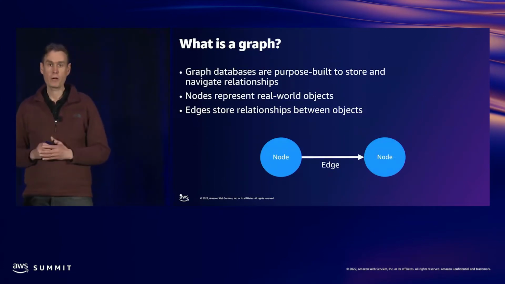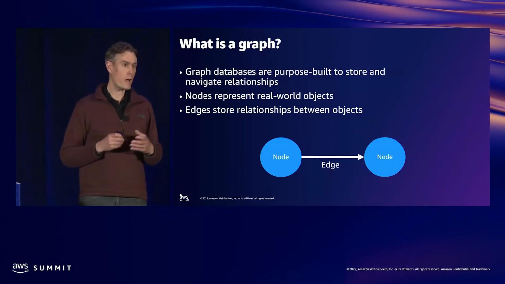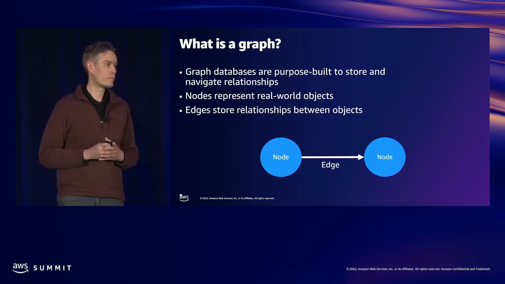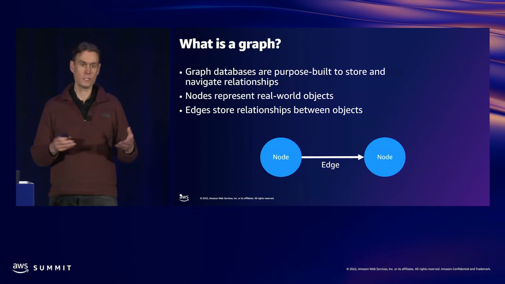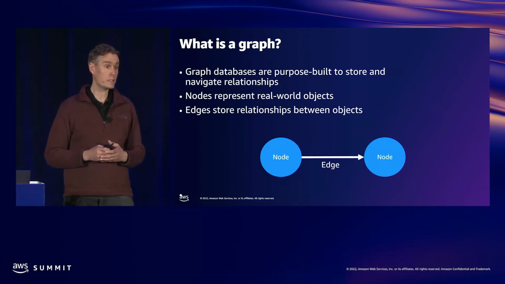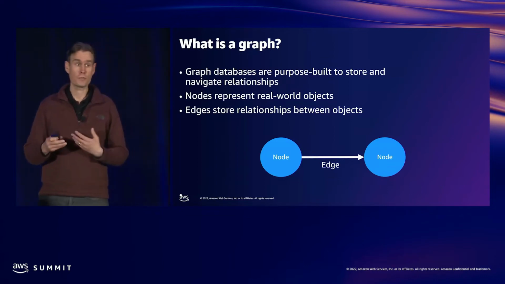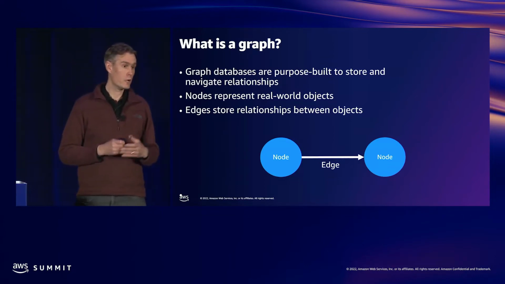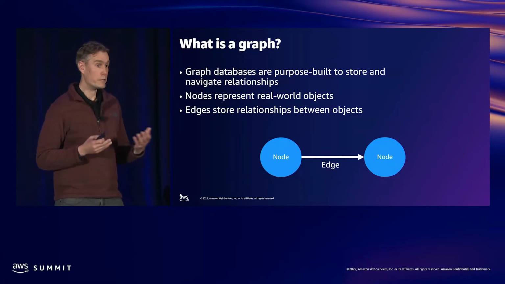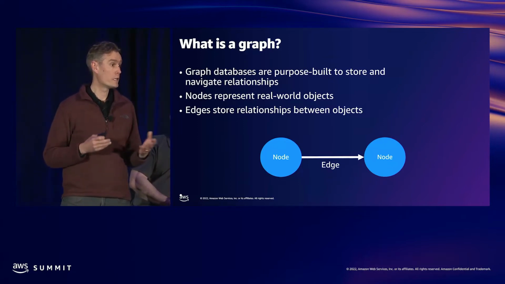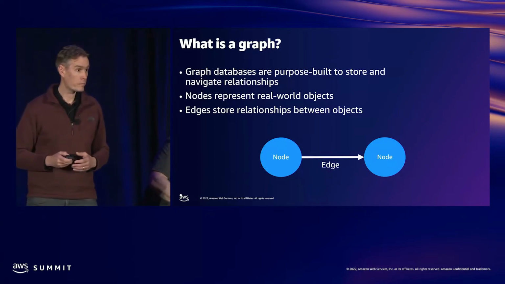For a quick background, graphs are a data structure. They consist of nodes and edges, or vertices and links. Nodes represent your entities, and the links represent relationships between them. Graph databases can efficiently store and process data that's in a graph data model.